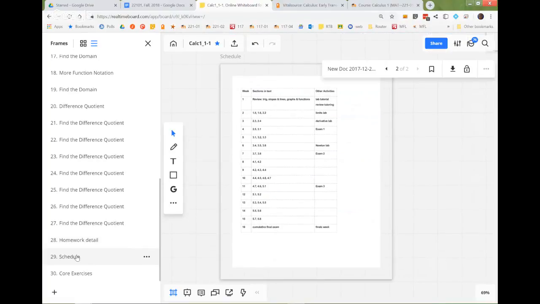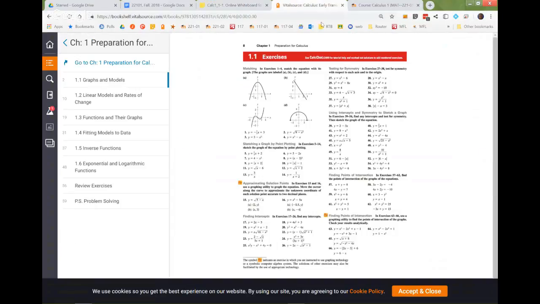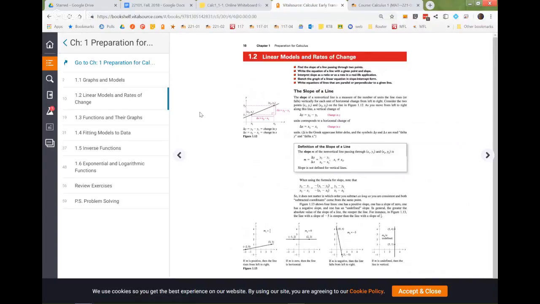Just a reminder, on the main website, there's a schedule of what we're going to do approximately. And then we have these core exercises. So what is lesson 1, 2? Oh yeah, linear models of rates of change.